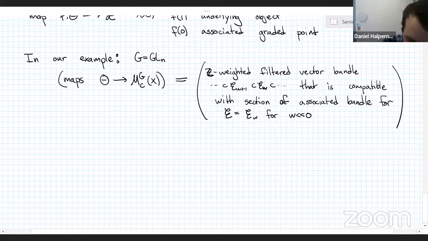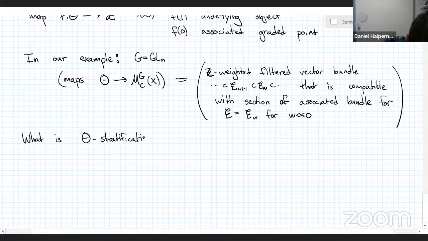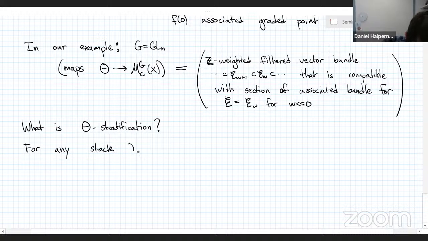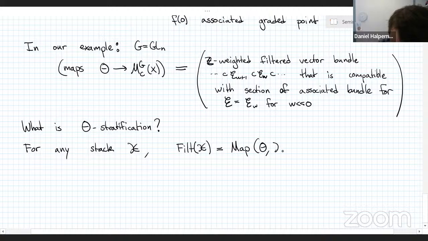So what is the theta stratification? Basically, for any stack X, I can consider the following: the stack of filtered points in X is the mapping stack from theta to X, and this actually also turns out to be an algebraic stack.